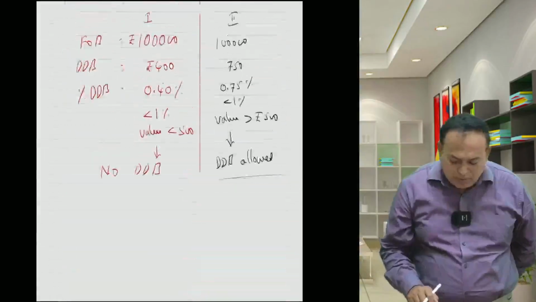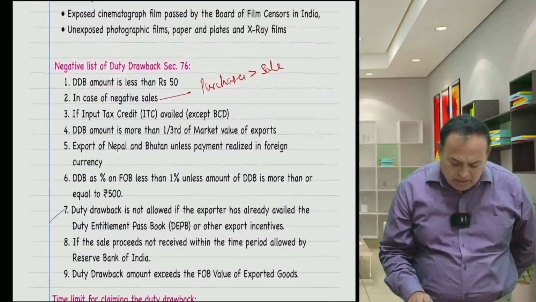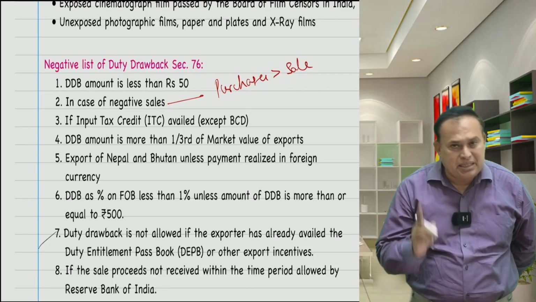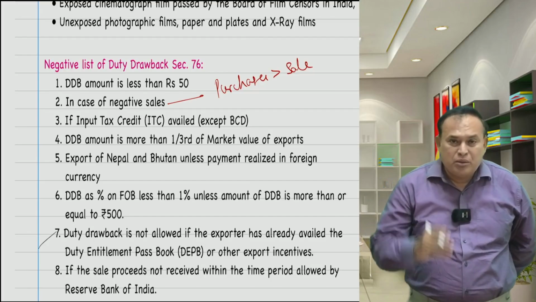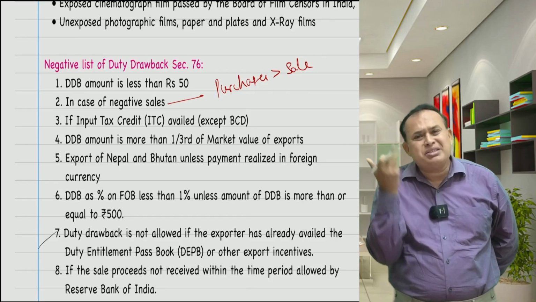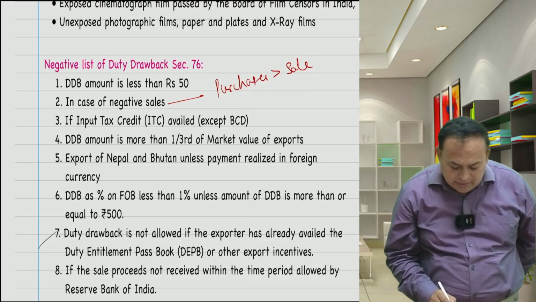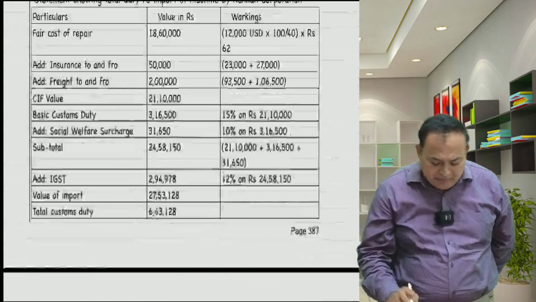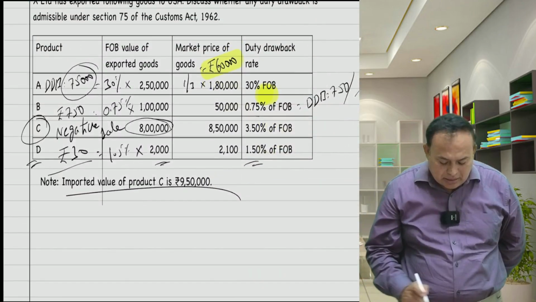See, duty drawback in the given case, as I referred, should be what percentage? It should be 50 rupees and above. Percentage should not be less than 1%. More than 1% is also duty drawback. But what is the use? The amount, how much? Less than 50. If less than 50, duty drawback is not allowed.